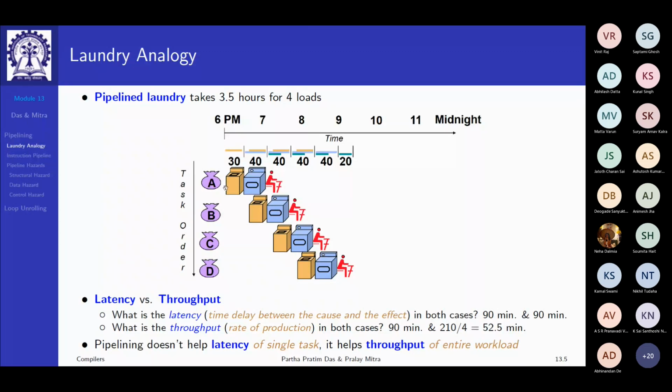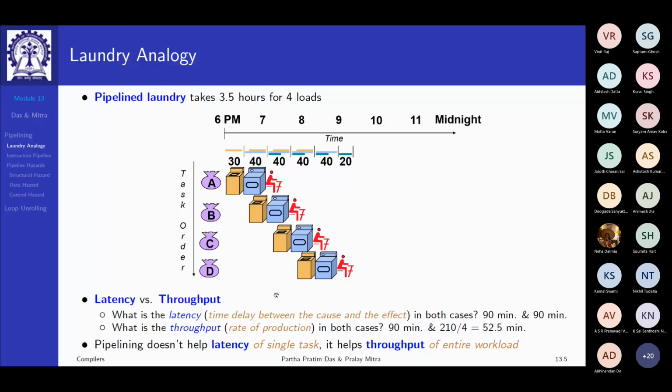So you keep on overlapping in this way, and if you add up these times, you'll find that this can now be done in 3.5 hours in comparison to 6 hours for 4 loads. So you can overall squeeze the time significantly by utilizing the idle time of different machines when they're done with one job, and they can take up the job for the other person.